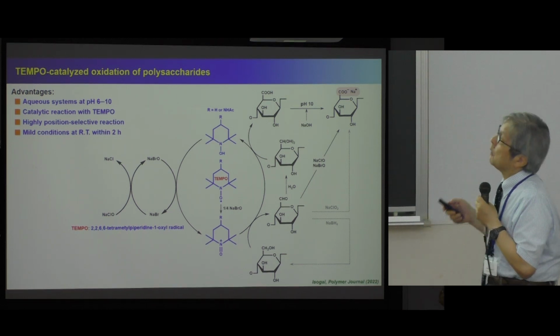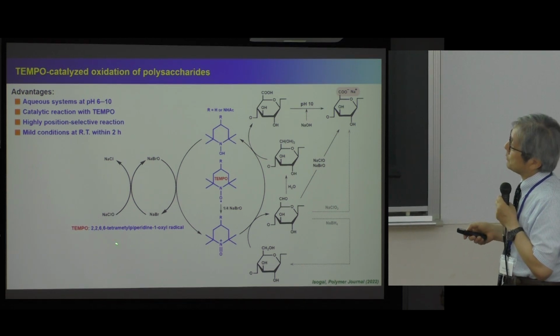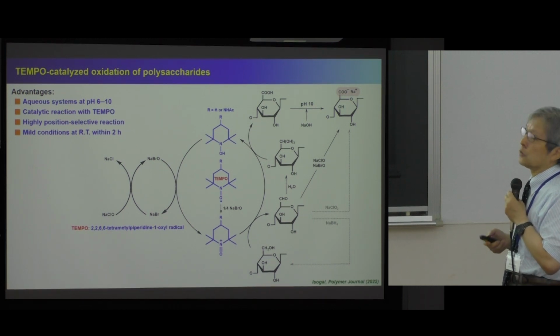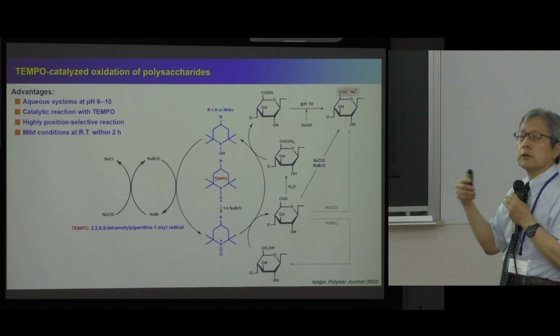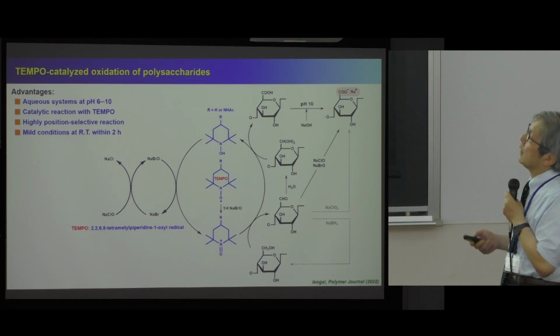But this is TEMPO. TEMPO is an abbreviation of 2,2,6,6-tetramethylpiperidine 1-oxyl, with this chemical structure. This TEMPO oxidation system was first developed by a group in the Netherlands. They were trying to apply this TEMPO-mediated oxidation to starch.